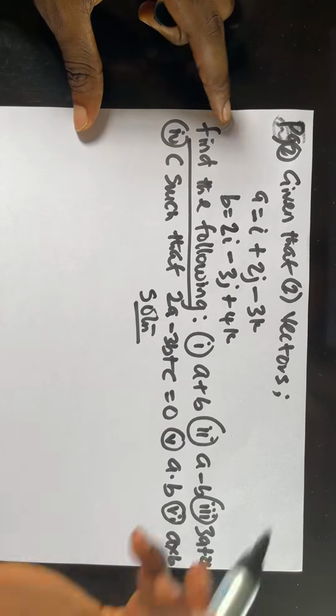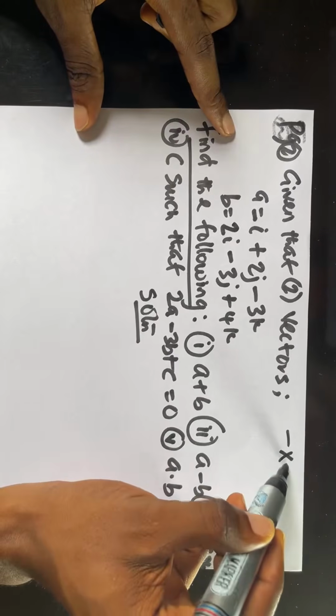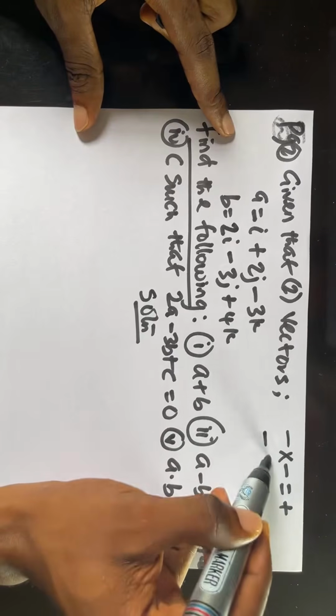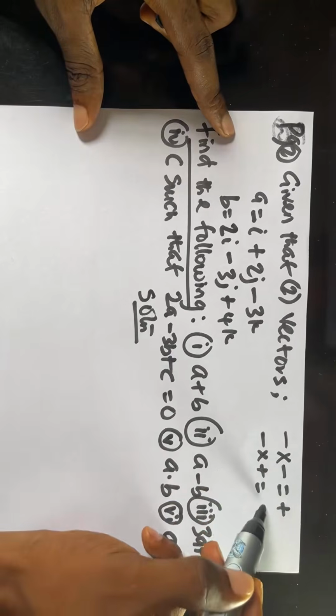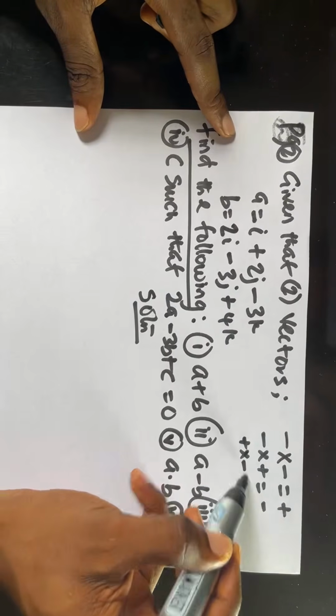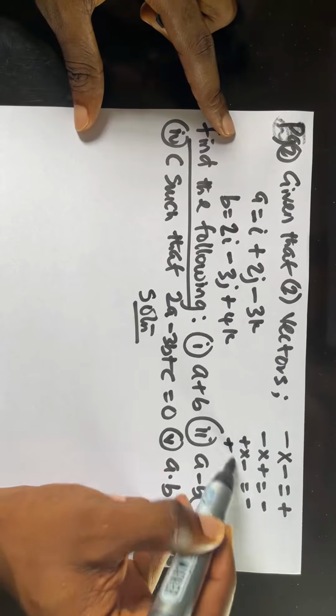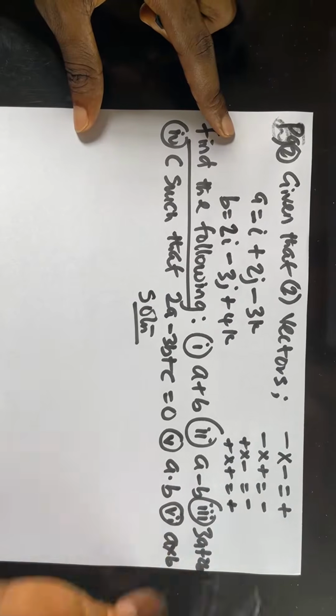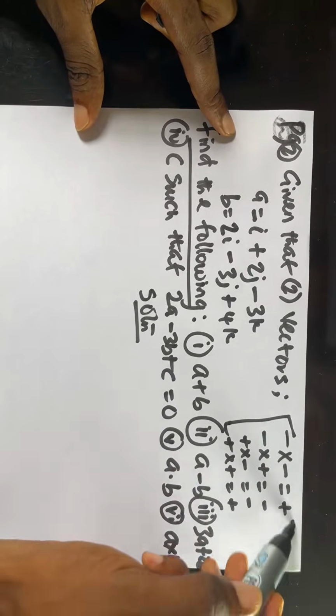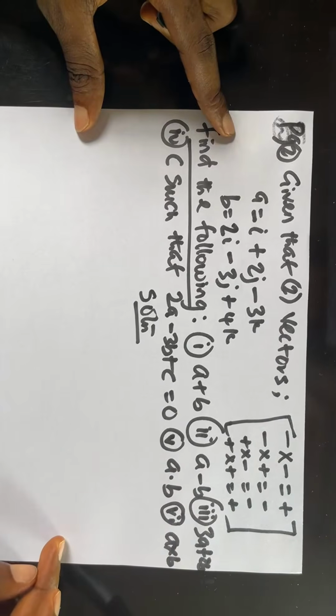That's why I did something yesterday like minus times minus is equal to plus, minus times plus is equal to minus, plus times minus is equal to minus, plus times plus is equal to plus. Now, this will help you when solving anything related to vector.